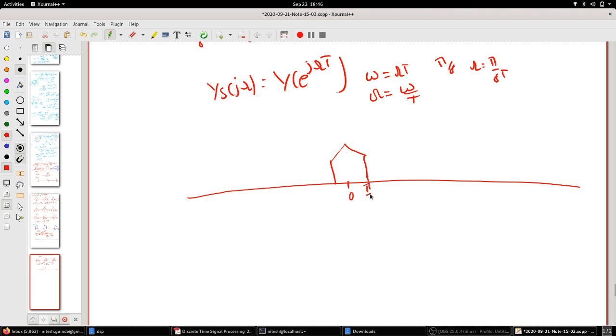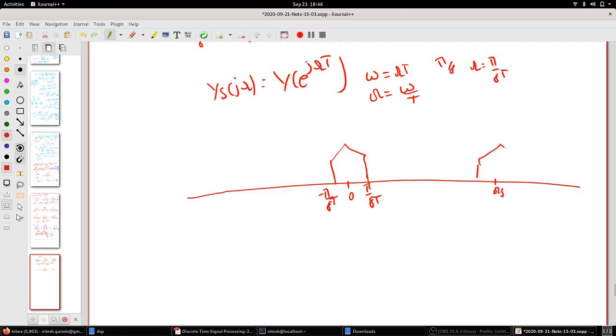So this will be pi by 8t, this will be minus pi by 8t, and then this frequency here will be 2 pi by t, which is your omega s.